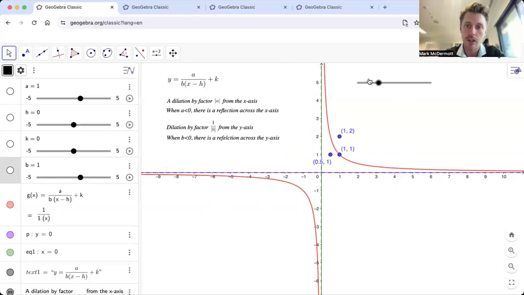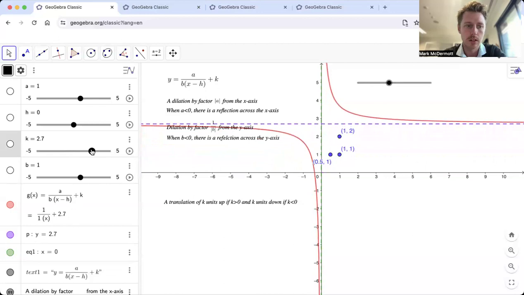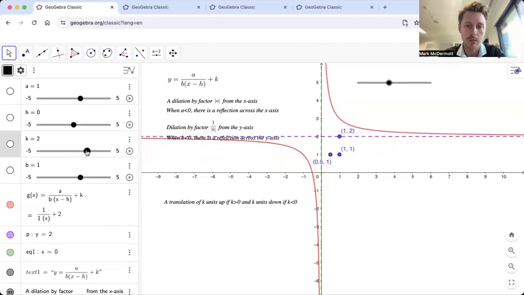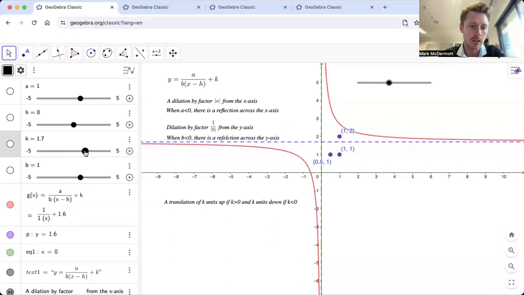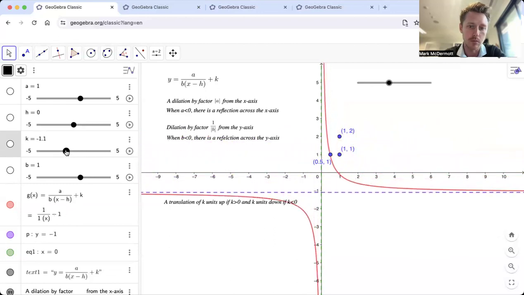Okay, and then we've got these h and k values, and those h and k values have meaning. So let's have a think. Let's look at the k value first. If we change the k value, we can see that our horizontal asymptote moves up and down. If k is greater than 0, it moves up. If k is less than 0, it moves down.